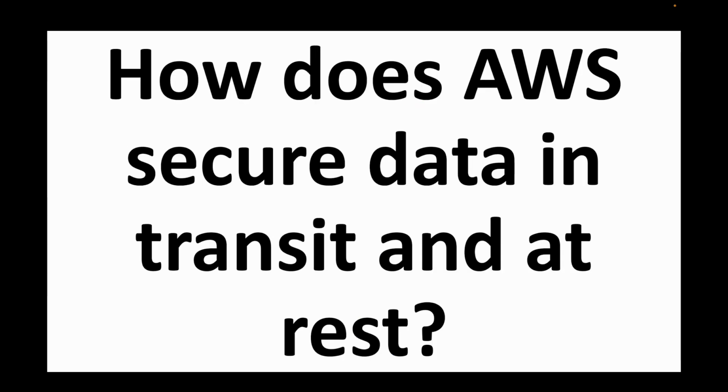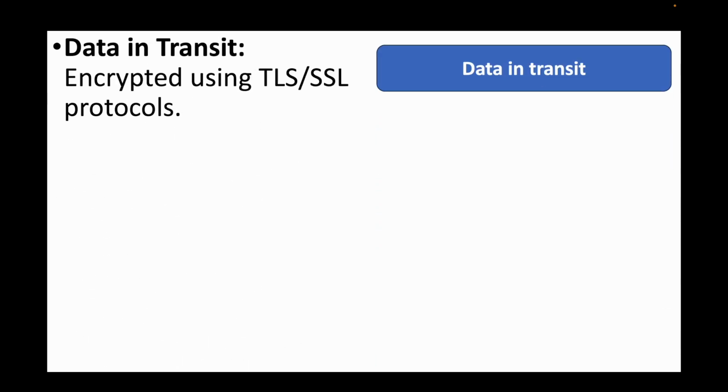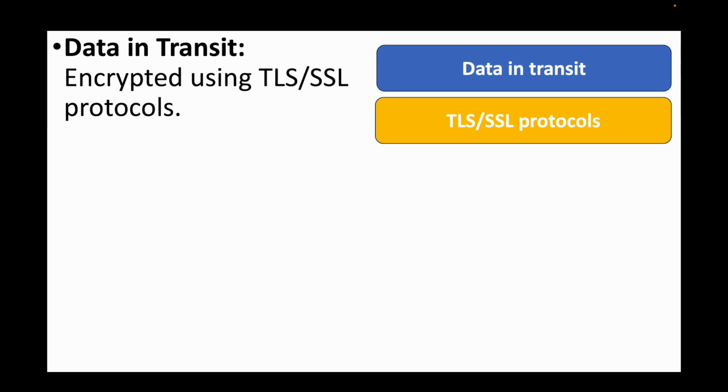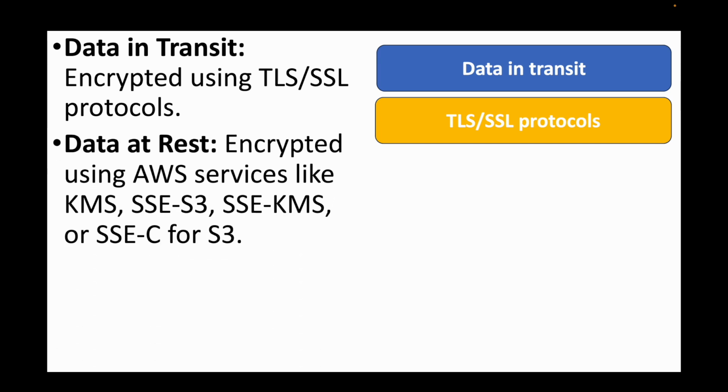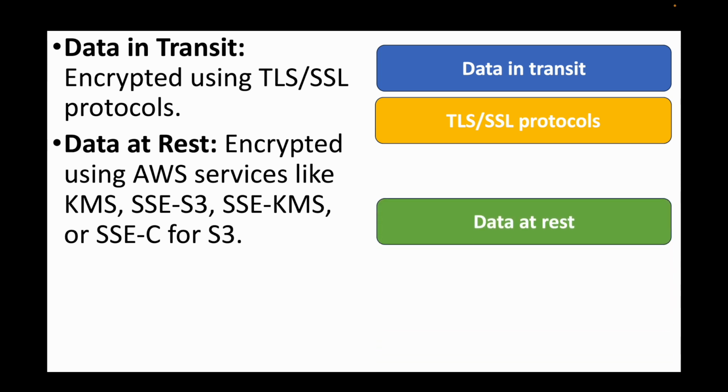The next question we have is, how does AWS secure data in transit and at rest? Your data in transit is encrypted using SSL or TLS protocols. For your data at rest, AWS offers multiple encryption options.